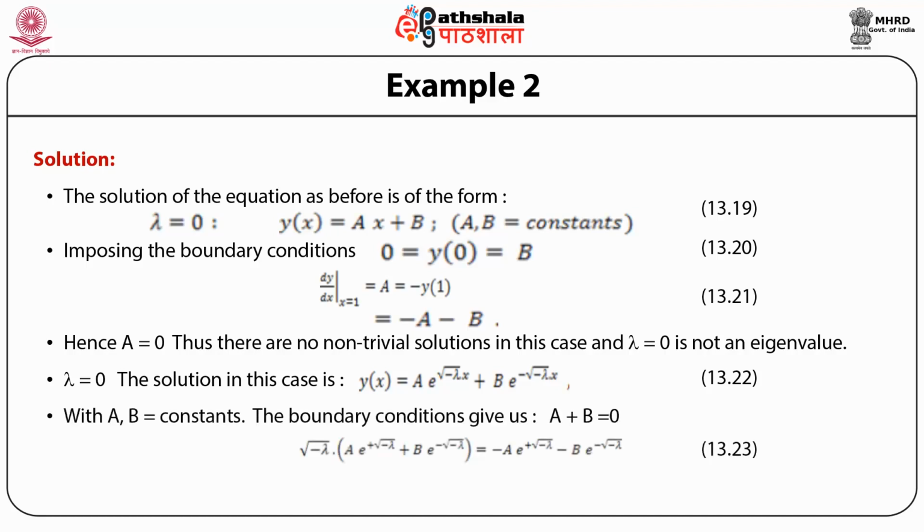The boundary conditions then give us at x is equal to 0, y of 0 is equal to 0, therefore a plus b is equal to 0, and the derivative of the function is under root minus lambda times a e to the power under root minus lambda x minus b e to the power minus under root minus lambda x, evaluated at x is equal to 1, is equal to a times e to the power plus under root minus lambda minus b times e to the power minus under root minus lambda.